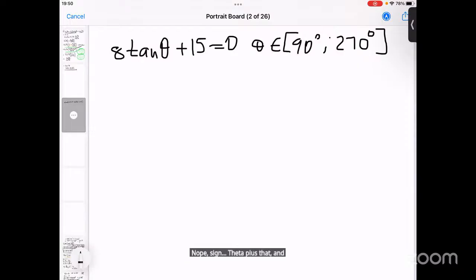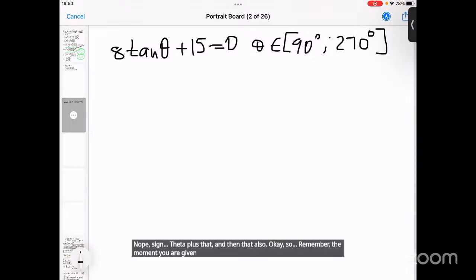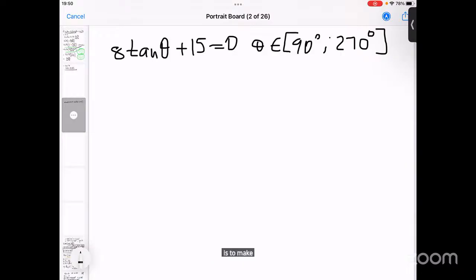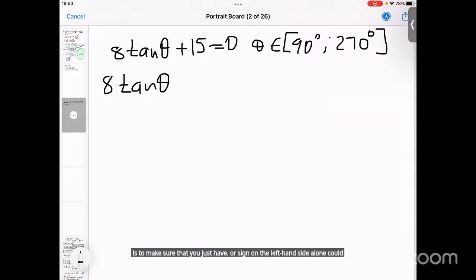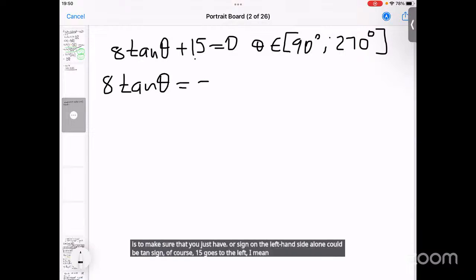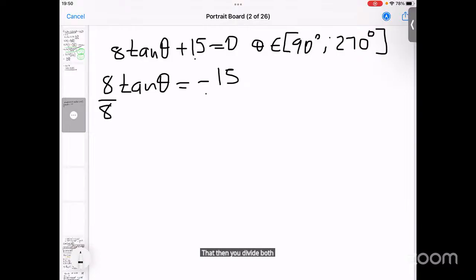Okay, so remember, the moment you are given this type of problem, what you want to do is make sure that you just have tan or sine on the left-hand side alone. Could be tan, sine, or cos. 15 goes to the right. It changes the sign. Then you divide both sides by 8.